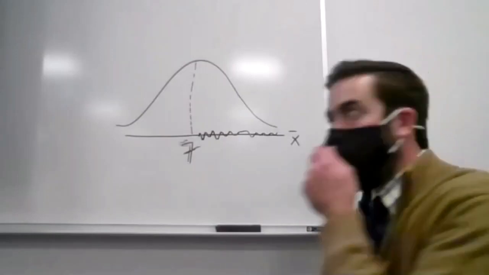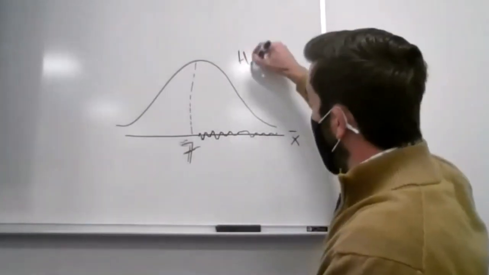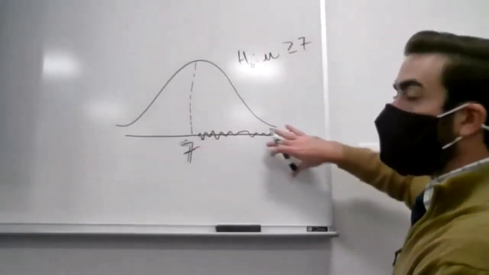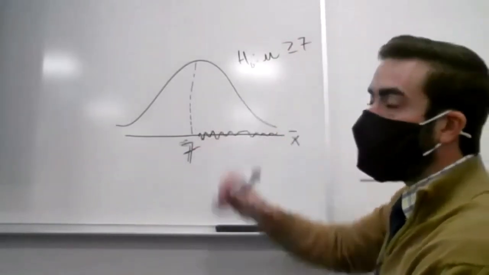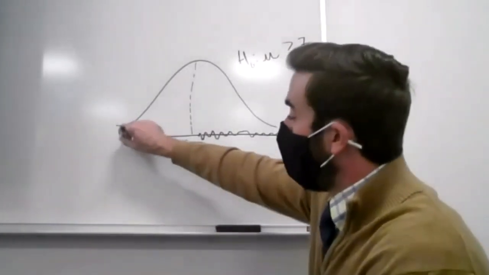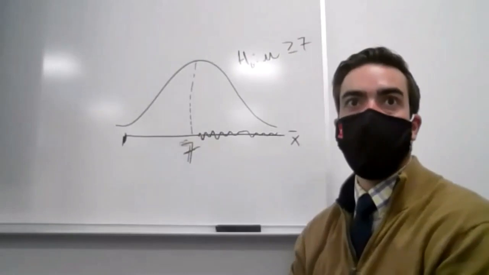Right? So if the null is that the mean is greater than or equal to 7, all these values would support the null. The only sample evidence I could find that goes against what I assume to be true is if I see something down here, right?